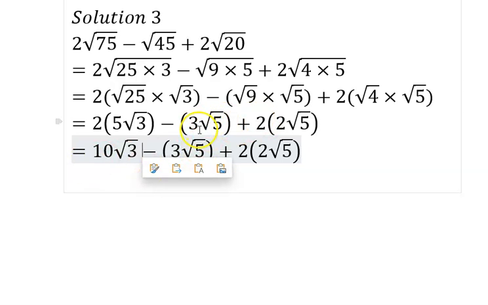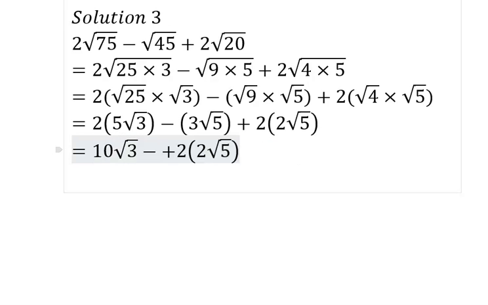Beautiful. Now on this other end, we have 3 root 5. Beautiful. And here we have, you say 2 times 2 will give you 4.